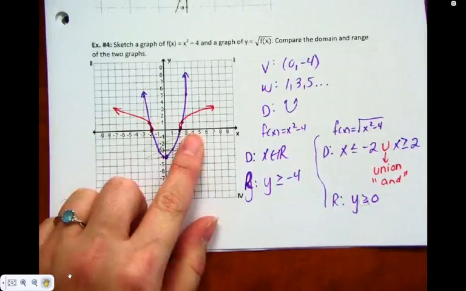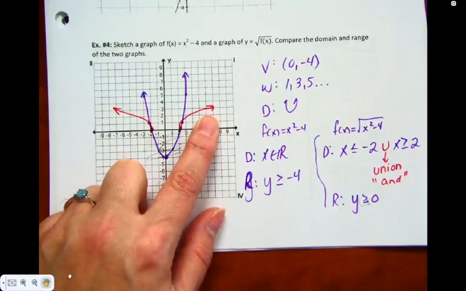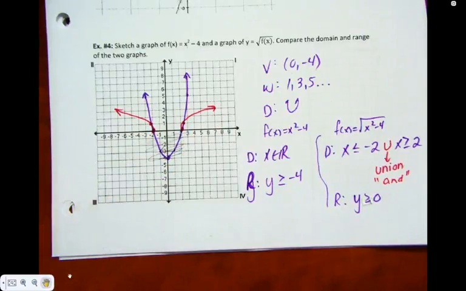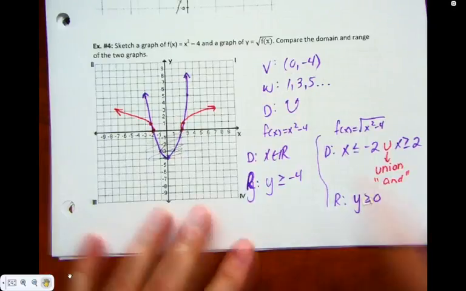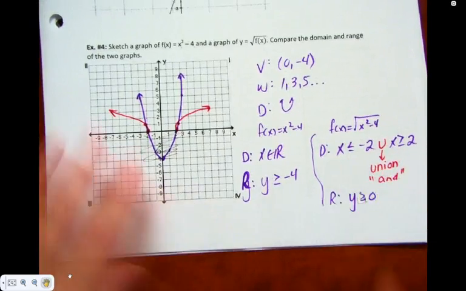Okay, look at the swoop on the right. What's the lowest value? 0. Highest value. Do I need to write it again? No, we don't need to. No, we don't like redundancy. That's it. Y is greater than or equal to 0. Do you get this, why it's in pieces? Why there's 2 sections in the U? Remember, not onion, union.